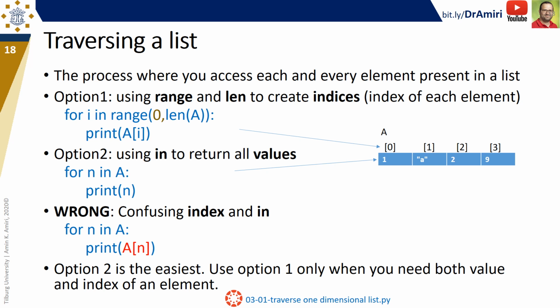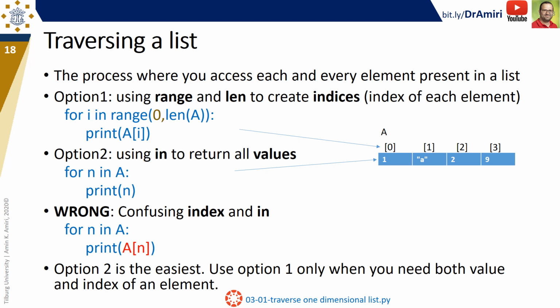In the first option, we use two functions, range and len, to create indices, a list of indices for each element. So as you can see in the first line, for I in range 0 to len a, I give the size of the list a to the range function, and it creates all the indices for me.